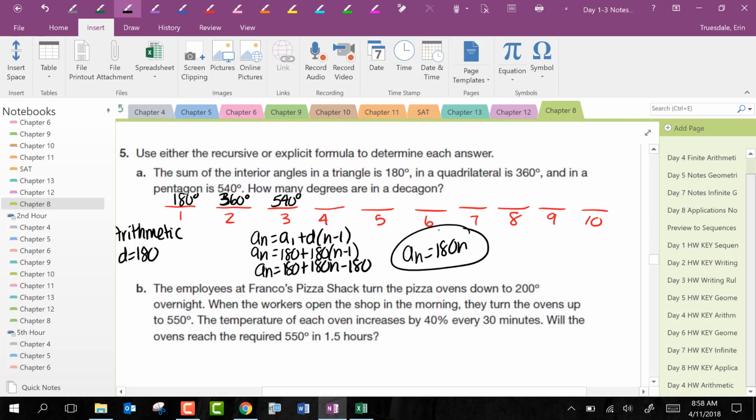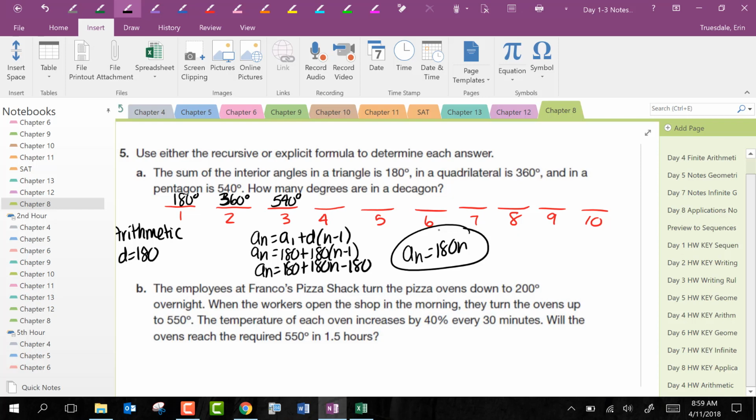Now, the tricky part of this problem, and this is definitely an SAT type question, is that we don't want to plug in 10. Okay, and so anyone know why we don't want to plug in 10? What did we start with, a one-sided figure? No, how many sides does this have? 3.